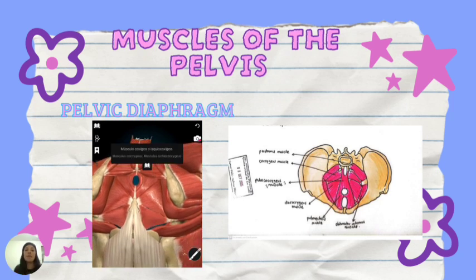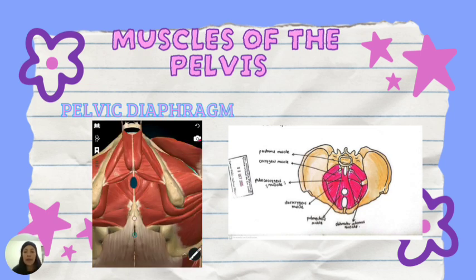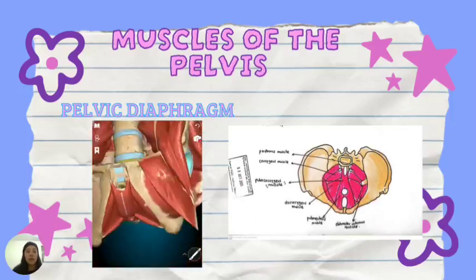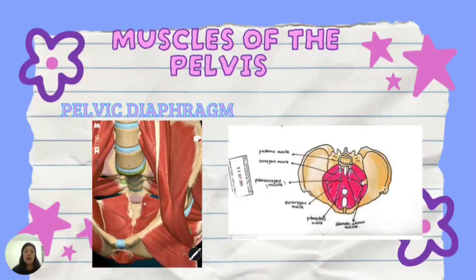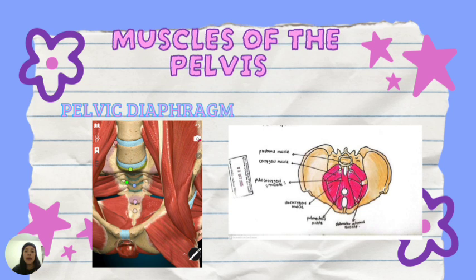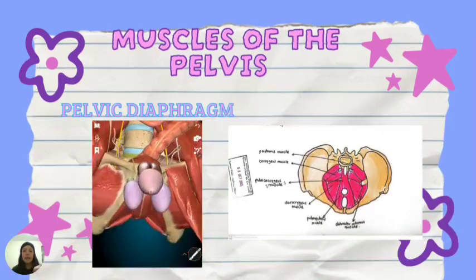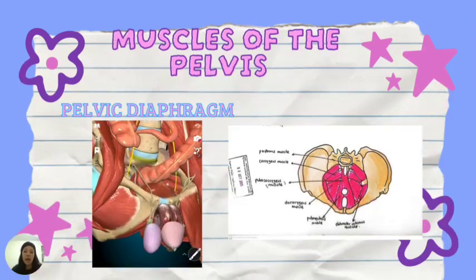The pelvic diaphragm is the deepest muscular layer, composed mainly of the levator ani with three components. The pubococcygeus, that we can see in the first part of the video, supports the pelvic viscera.